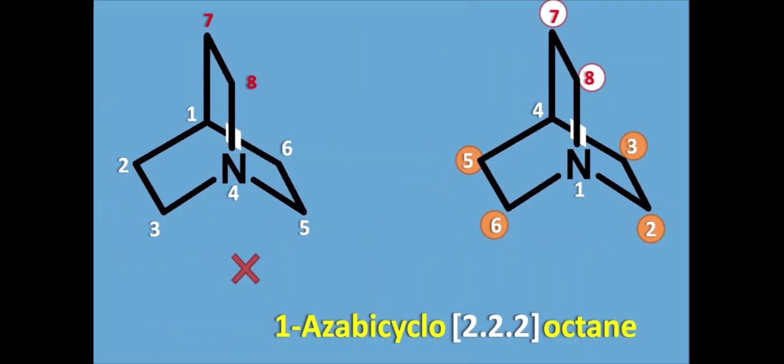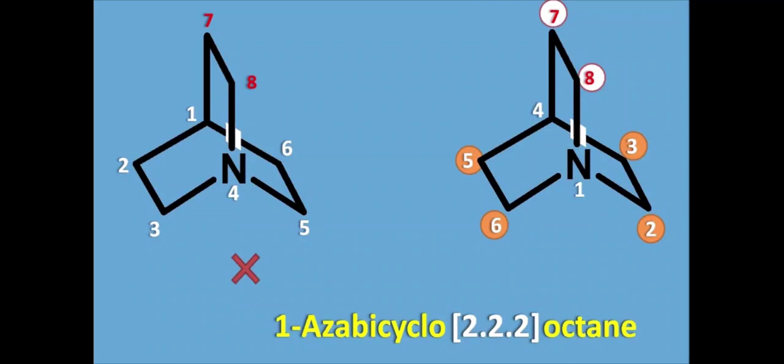So next we have to find out the total number of carbon atoms present on each side of the bridge. So here the total number of carbon atoms present on the left side, right side and on the bridges are 2, 2 and 2, because on the left side 5 and 6, so there are 2 carbon atoms, and on the right side 3 and 2, so there are also 2 carbon atoms, and on the bridges 2 carbons, because 7 and 8, so there are also 2 carbons present.